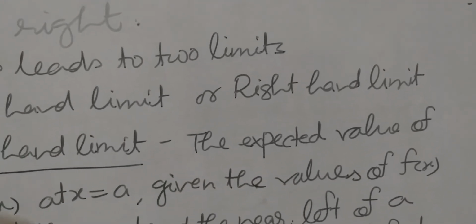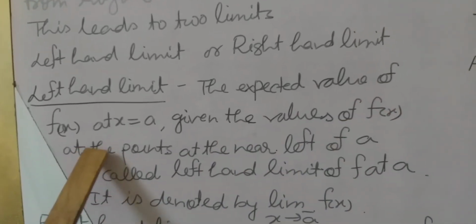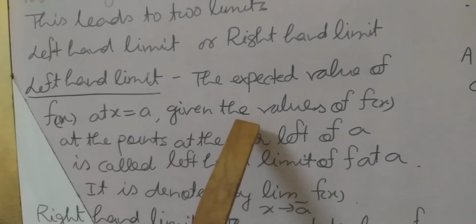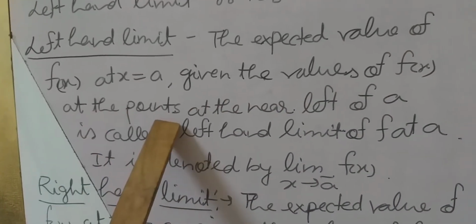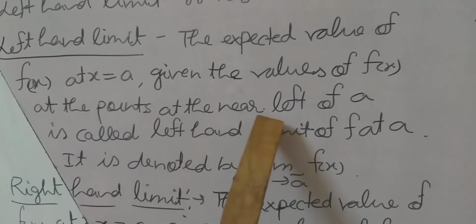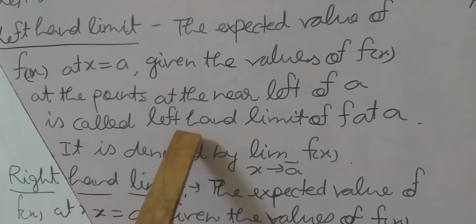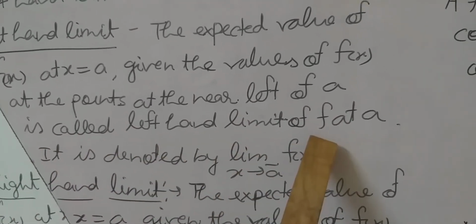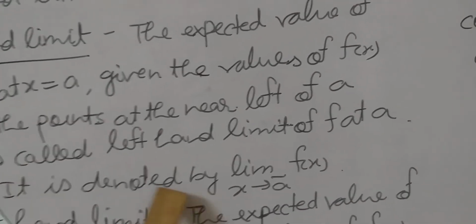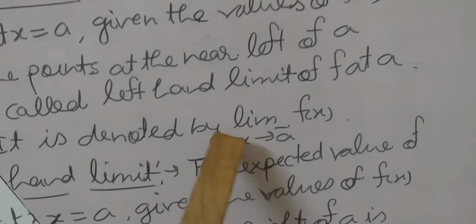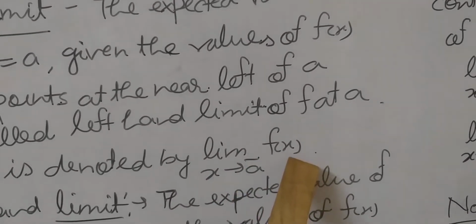What is left hand limit, students? The expected value of f(x) at x equal to a given by the values of f(x) at the points near the left of a is called left hand limit of f at a, and it is denoted by limit x tends to a minus f(x).